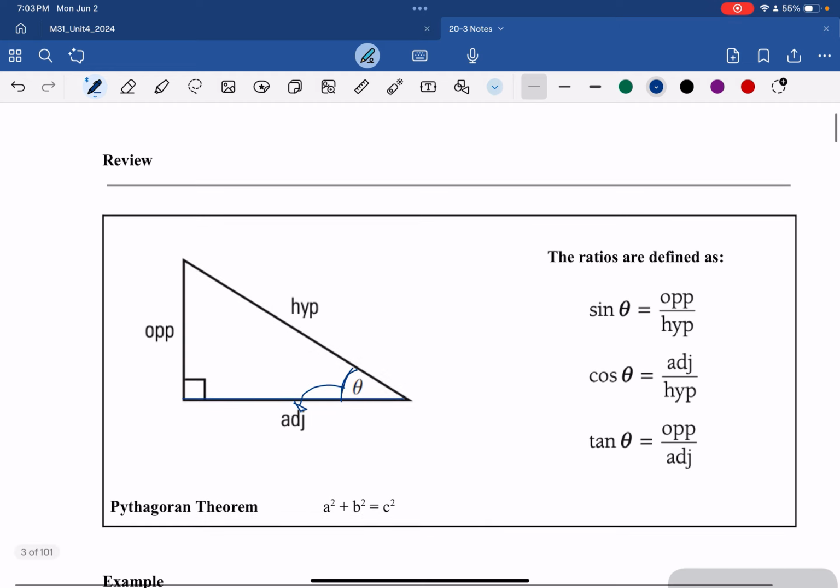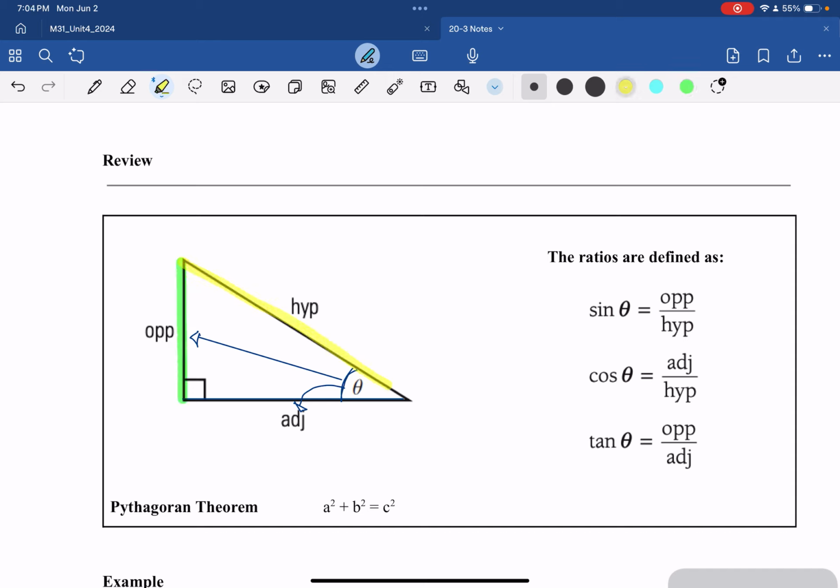My opposite side is the side that is directly across from the angle. So this side does not have a piece of that angle. It's the opposite. My other two sides, the hypotenuse and my adjacent side, make up the angle. So the opposite is the one that's across from the angle and adjacent is next to it.